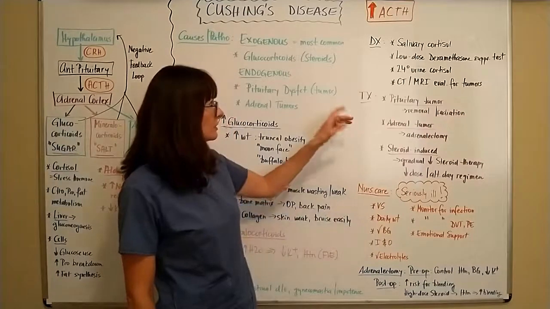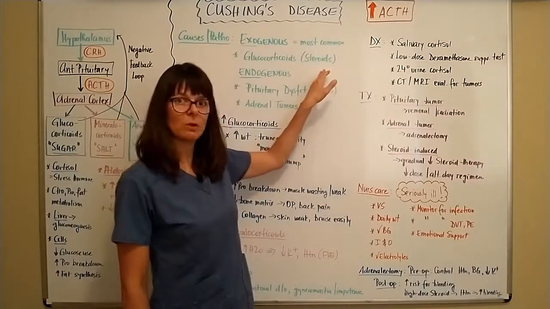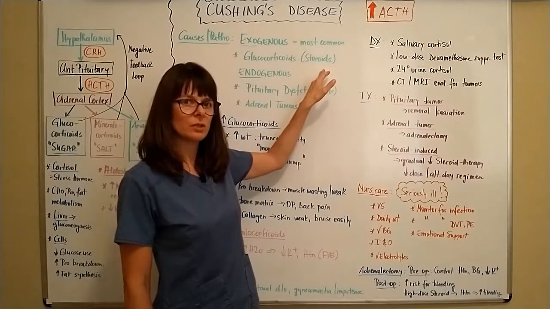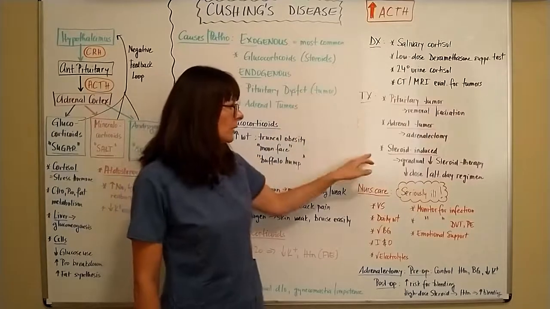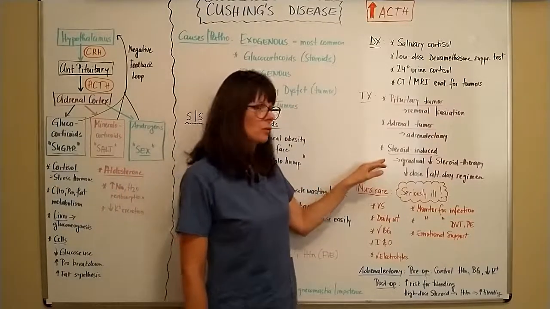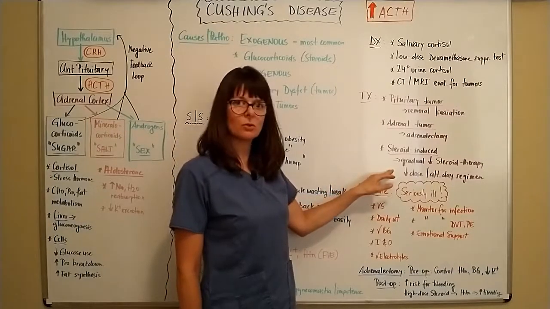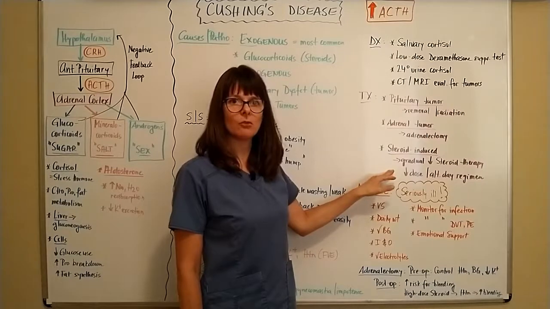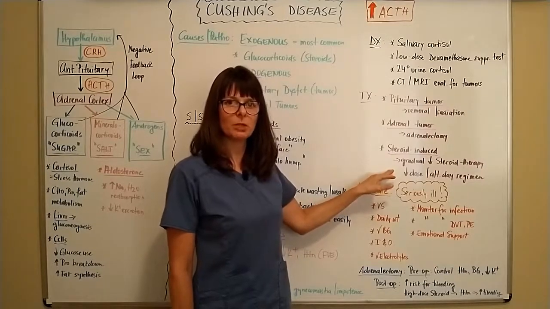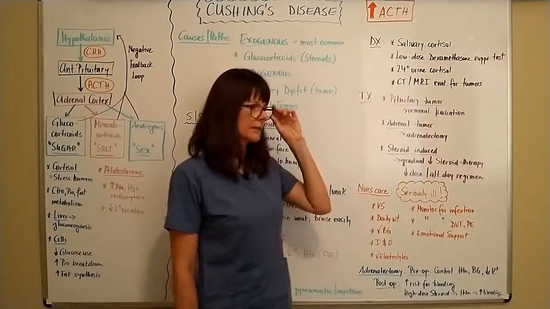Now, if Cushing's disease is caused by the most common reason, which is steroids, we need to gradually reduce the steroid therapy. And that means to decrease the dose or go to alternate day regimens, which means that the patient will take a dose every other day.